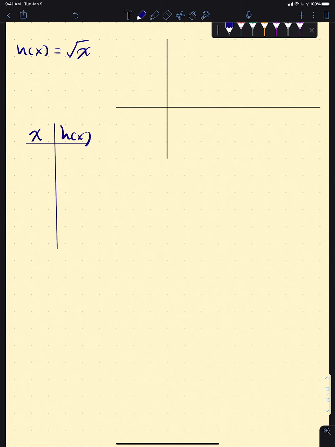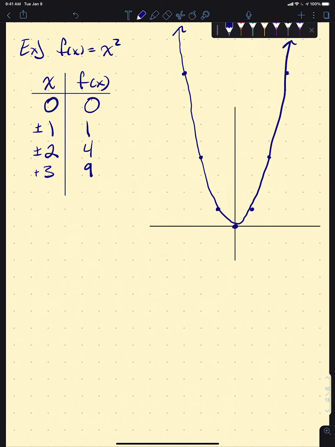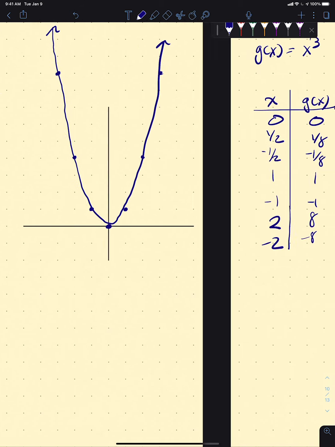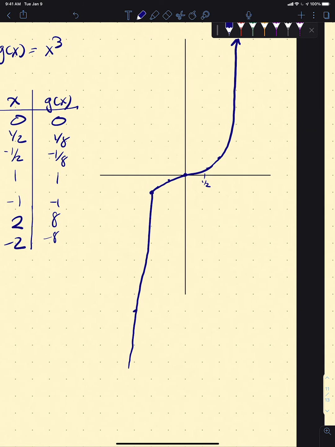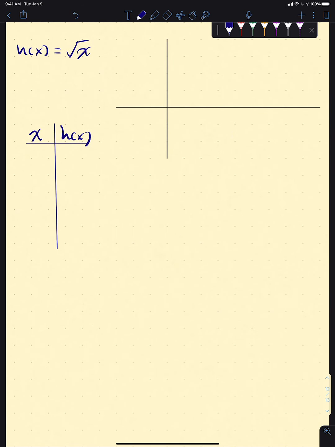But our domain here is restricted, even though it wasn't restricted on f of x equals x squared or g of x equals x cubed. Both of those have a domain of the whole real line. But this has a restricted domain, so we can't pick numbers that are less than 0. We can, however, pick 0.